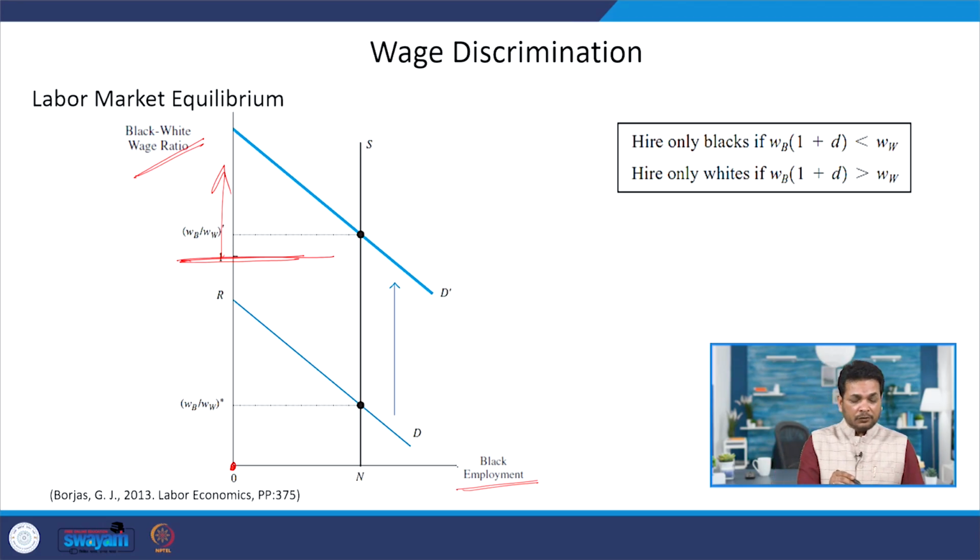Even if WB is less than WW by a very small magnitude, black employment is going to be 0, because the utility adjusted price WB times (1 plus D) is greater than WW. So, the number of black employment is 0.